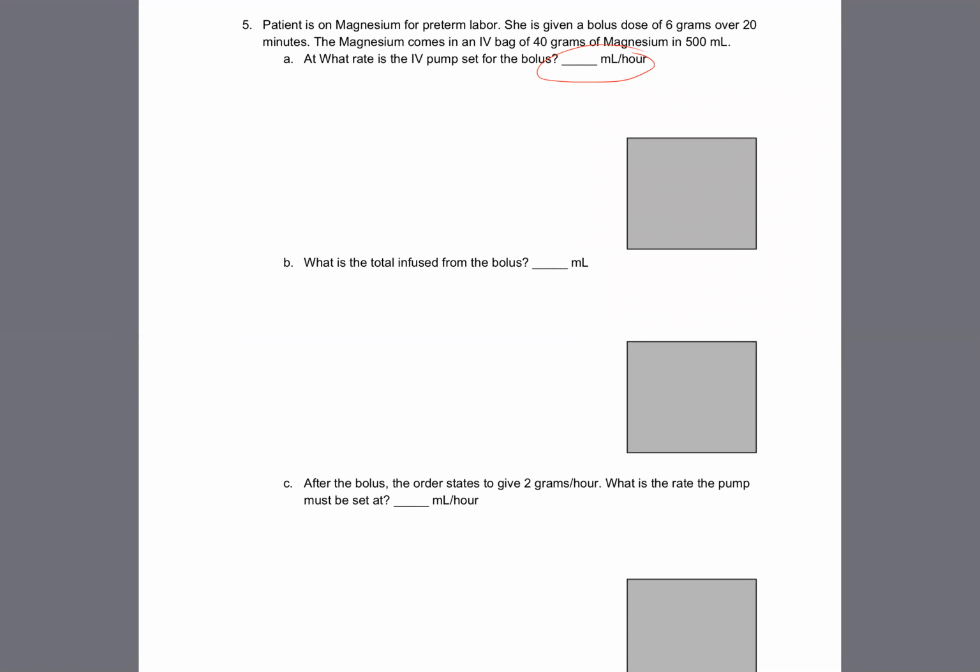So we have our order, which is 6 grams over 20 minutes. Your availability is 40 grams and 500 mLs. And just remember that there's 60 minutes in 1 hour. Order times availability.